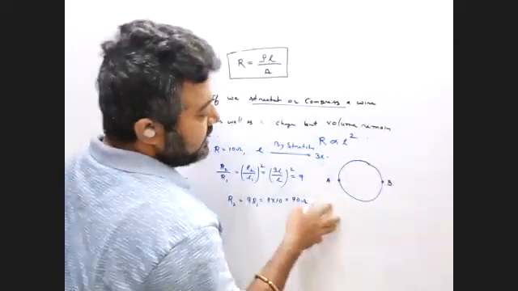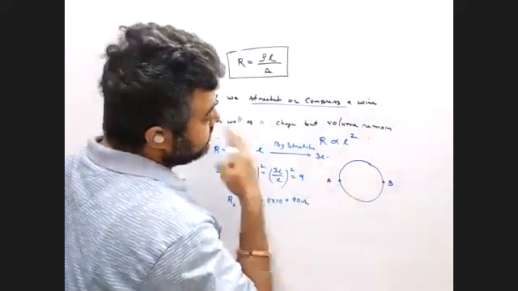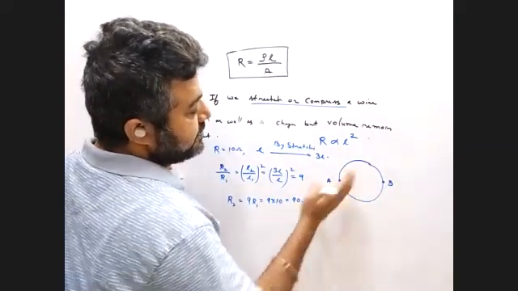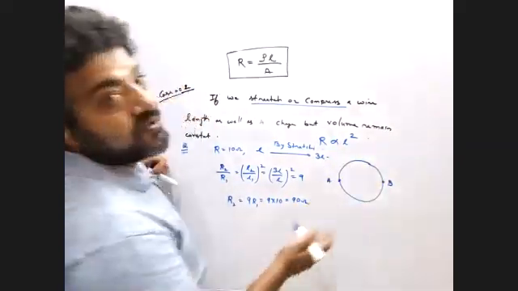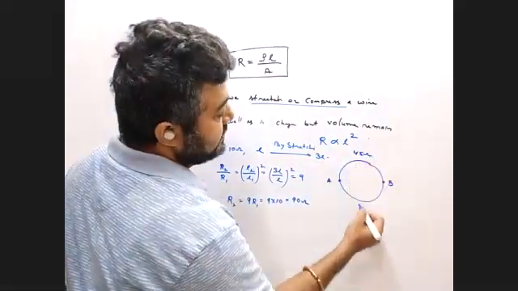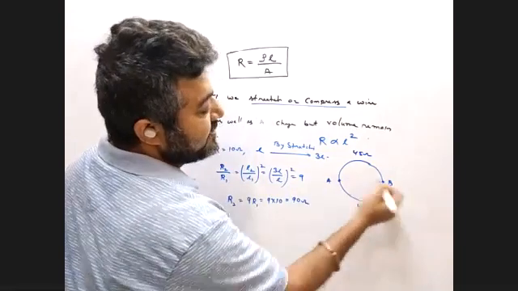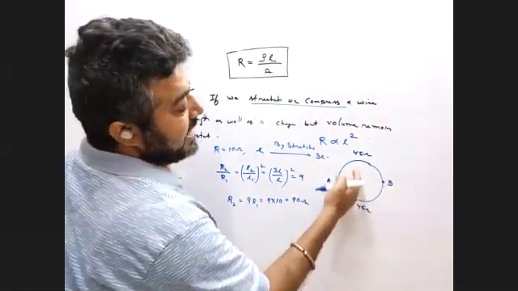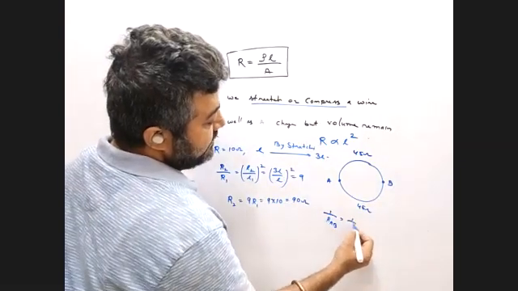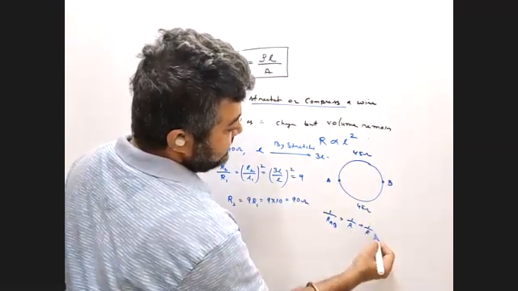Now the overall resistance of the wire is 90 ohm. So you have two parts, upper part and lower part. This is 45 ohm and this is 45 ohm because they are diametrically opposite. Now it's a parallel connection. We know in a parallel connection, 1 by R is 1 by R1 plus 1 by R2.